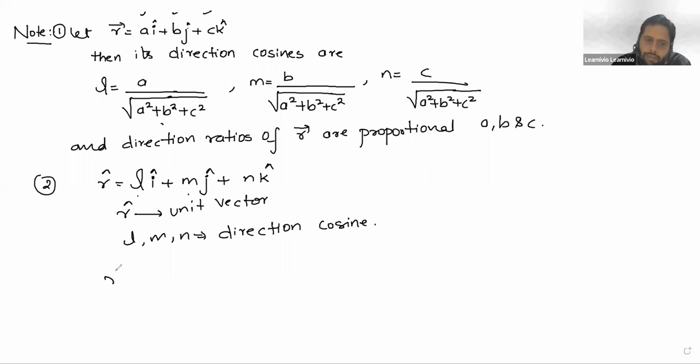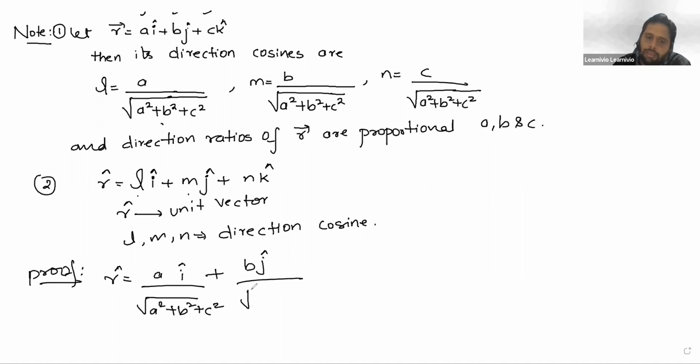Check here. r cap equals a i cap plus b j cap plus c k cap, each divided by under root of a square plus b square plus c square.